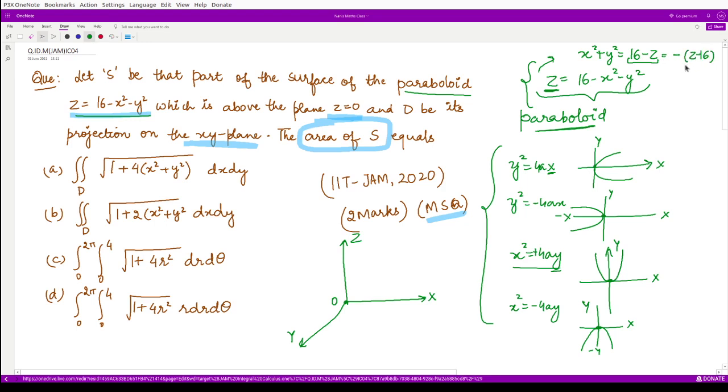So this equation now has the form x square plus y square, and minus of z minus 16. So one thing is you have minus, that means it would be a negative z direction. So this paraboloid will now face in the negative z direction. Another thing is that there is a displacement of 16 units in z.